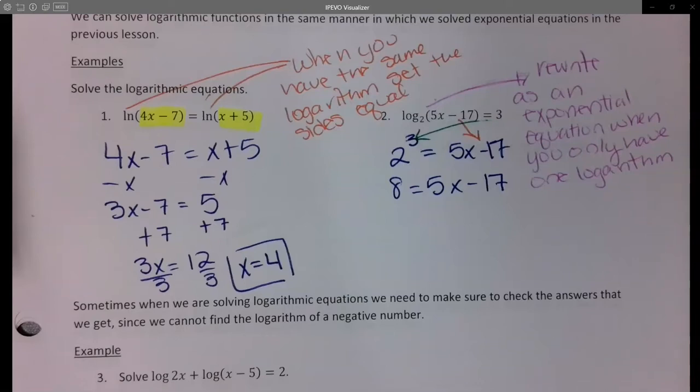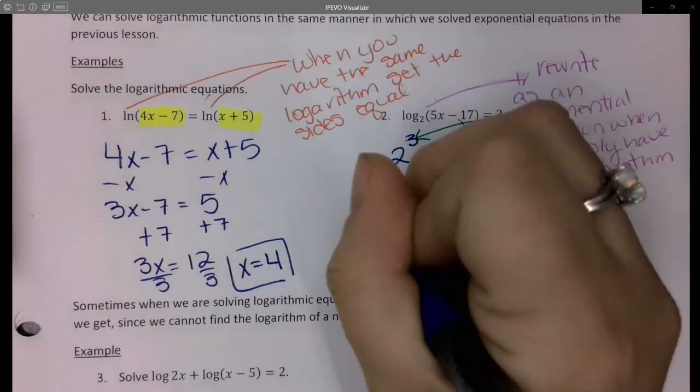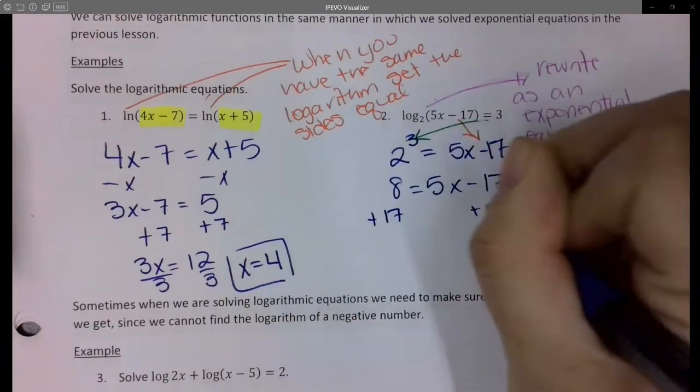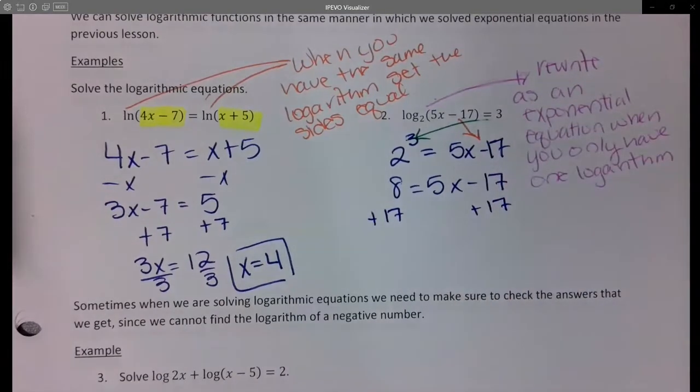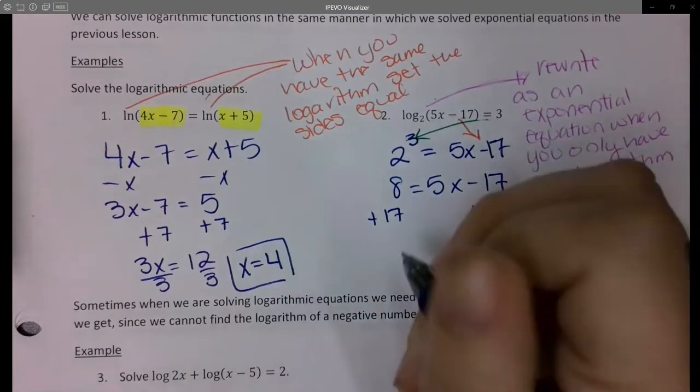Then what would I want to do to get x alone next? 8 plus 17 is 25.